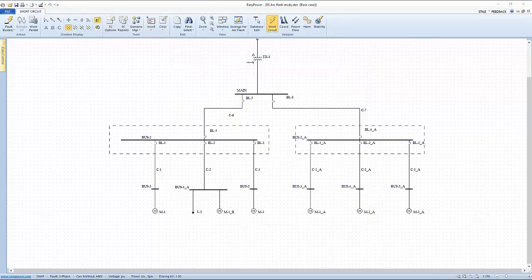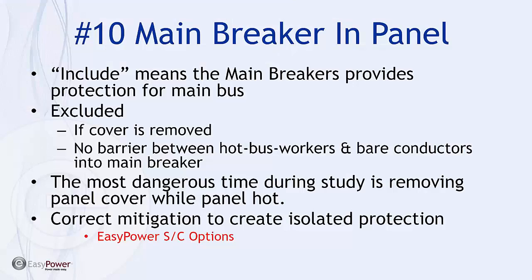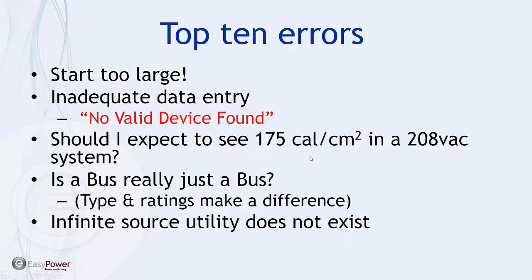All right, so that concludes my list, and we're out of time. Real quickly, starting large is a problem for beginning users of the tools. Likewise with inadequate data, recognizing when you have a more dangerous situation or a need to tweak the calculations in a conservative situation below 125 kVA is a concern.